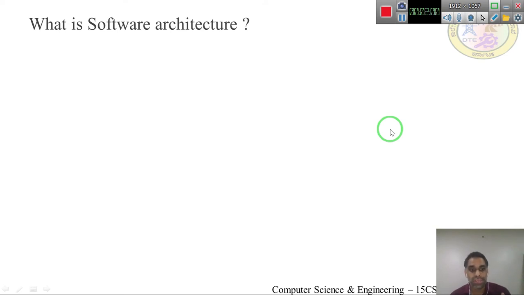When the system size is large and its complexity is too high, designing the overall process of the system becomes a tedious job, right? In such a situation, you would like to bring down the complexity of the system. How can that be done? Such a complex system has to be partitioned into subsystems, and each subsystem can be further divided into modules. This concept we call divide and rule, right?